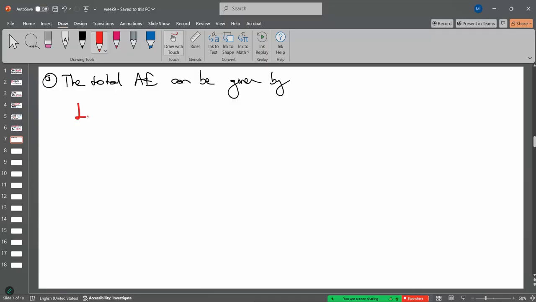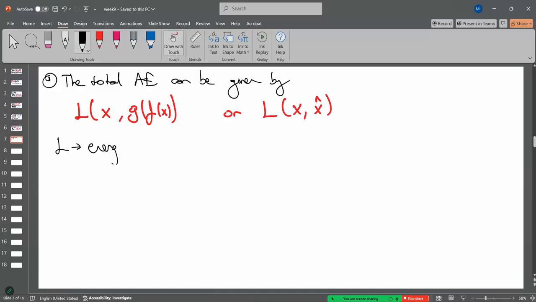We have L(x, g(f(x))), or L(x, x hat), where L here is the energy function to be minimized by using the neural network training, okay.